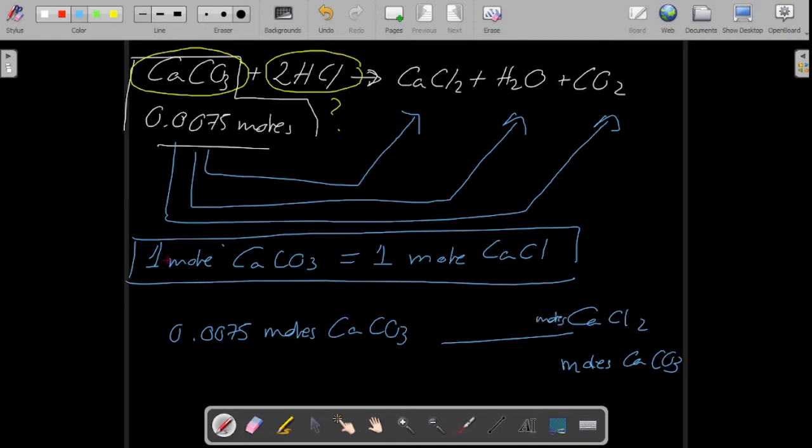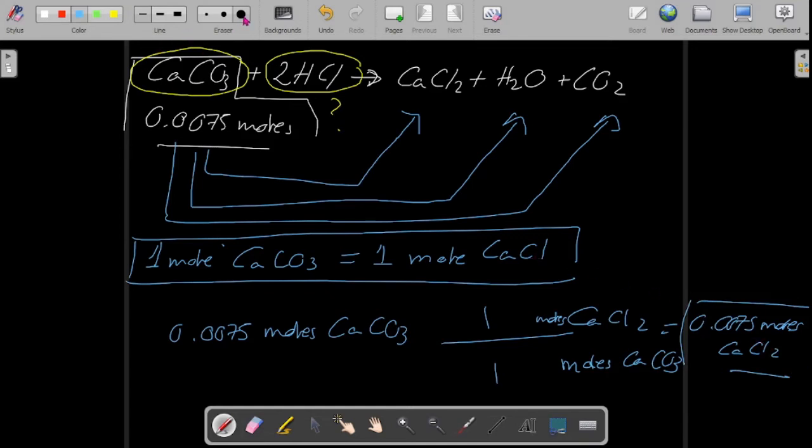So what does it say here? 1 to 1. We are going to do the math, and you see that that doesn't change anything. You're going to have the same amount. I think I forgot a 0. Yeah, moles of calcium chloride. So you produce this much calcium chloride.